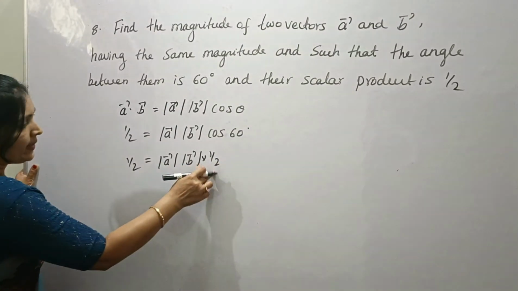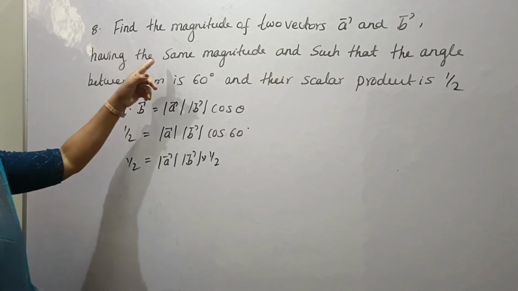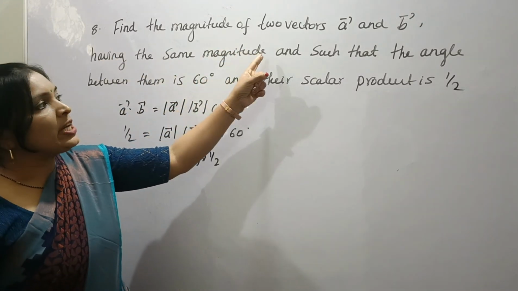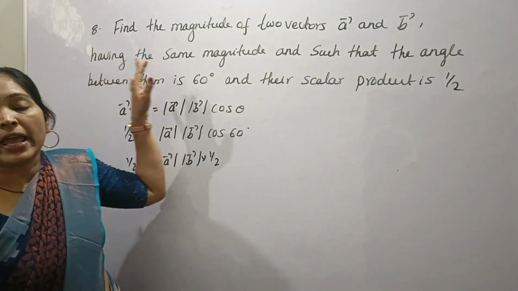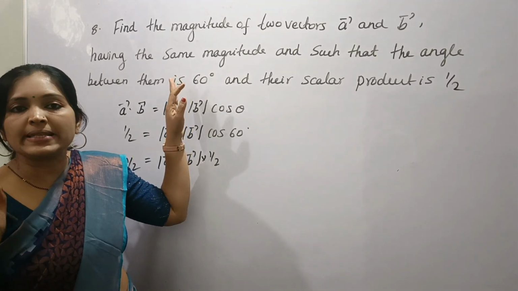Then take this 1 by 2 here, and it is given vector A and vector B have the same magnitude.